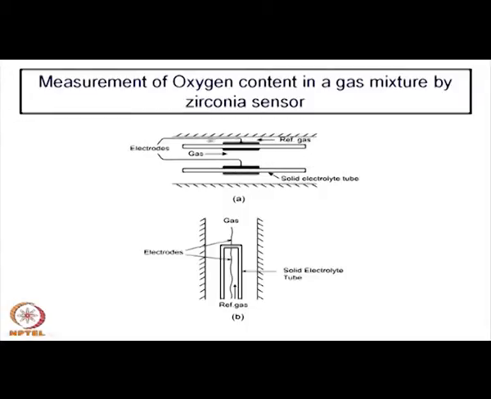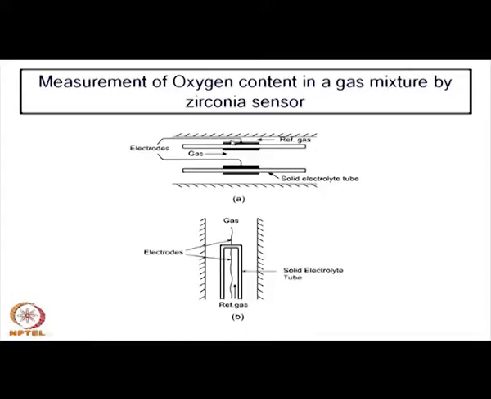The reference gas, the outside, is air. Air has a fairly fixed oxygen partial pressure, nothing but 0.21, from the ratio of nitrogen to oxygen. So, this is a very stable PO2, and if you have a gas mixture of oxygen with some inert gas, or any other experimental gas, that can be varied, so that an EMF will be generated between these two electrodes, the inner electrode and the outer electrode.